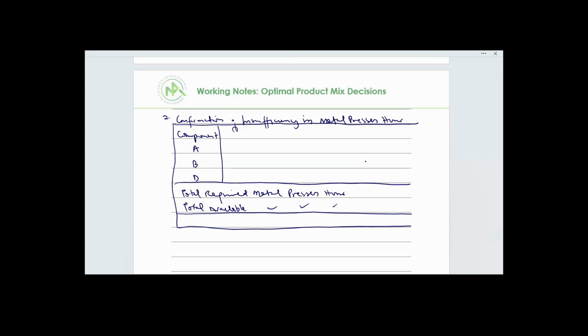So after this, we have the units. We have metal presses hour per unit. Then we have total metal presses hour.